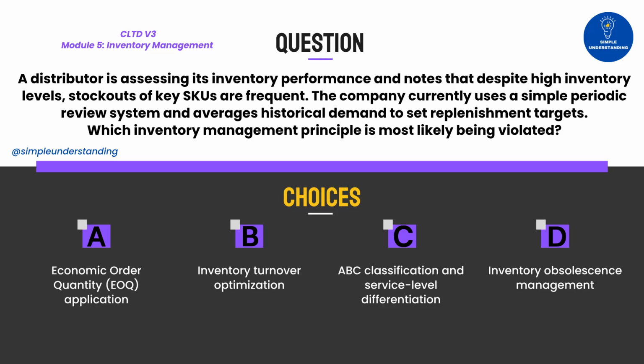Which inventory management principle is most likely being violated? A. Economic order quantity, EOQ, application. B. Inventory turnover optimization. C. ABC classification and service level differentiation. D. Inventory obsolescence management.